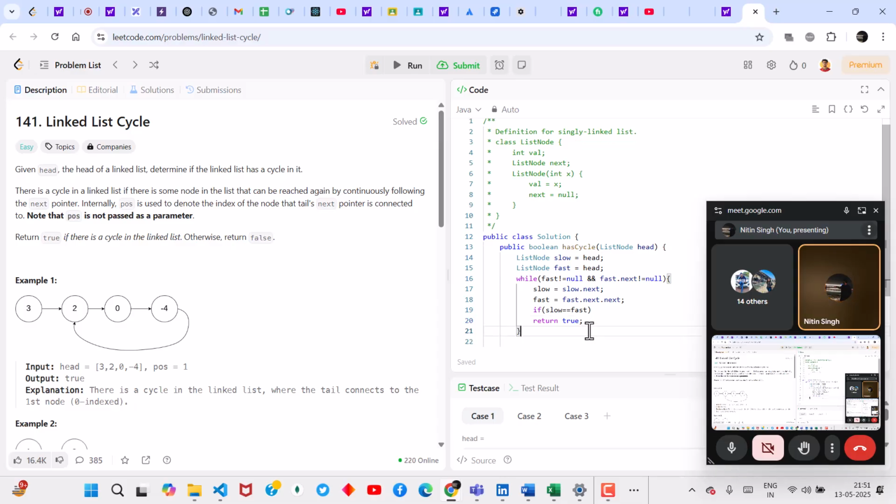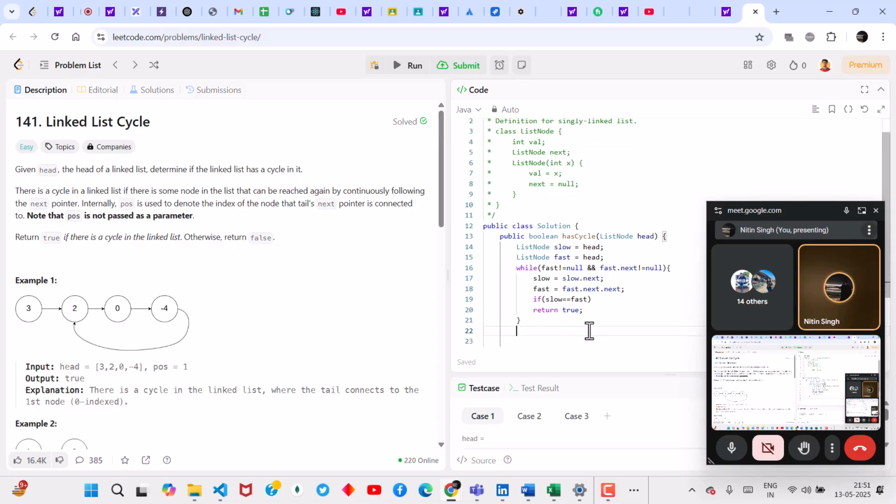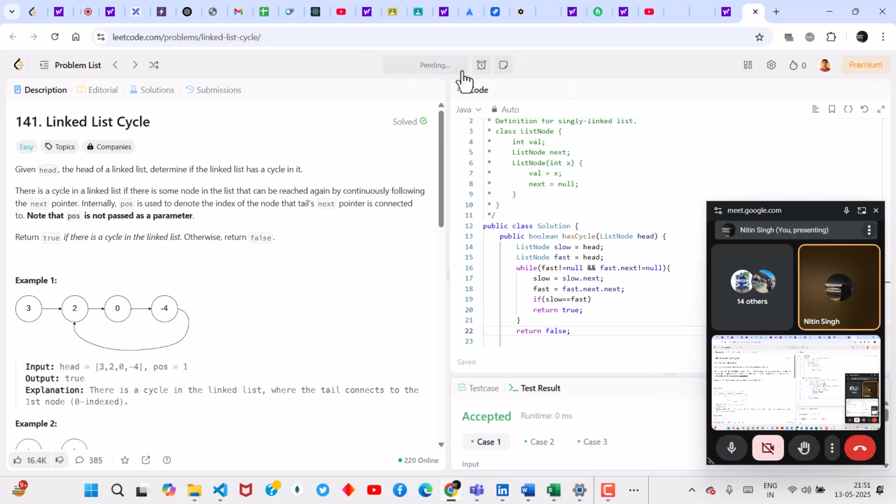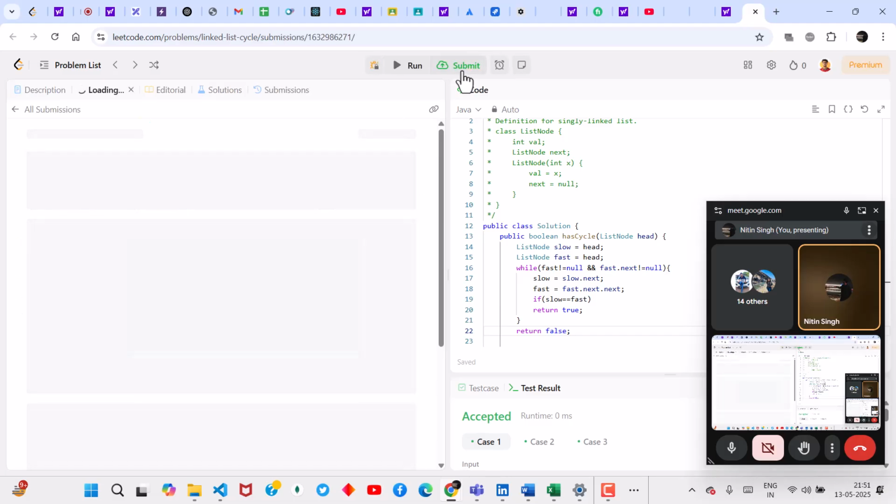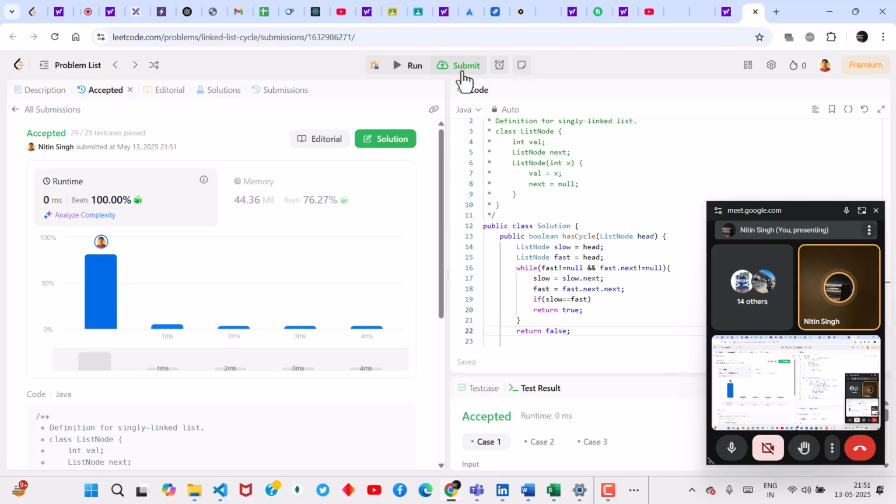That means I didn't find a cycle in my linked list, so I'll return false. That's it. Let me just run it. Accepted. It's submitted. So that's how the Floyd cycle algorithm has been used, and we have found whether there is a cycle in a linked list or not.